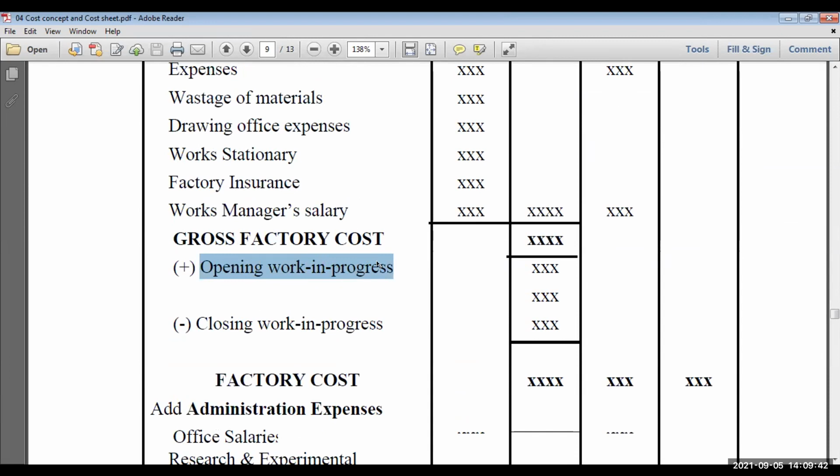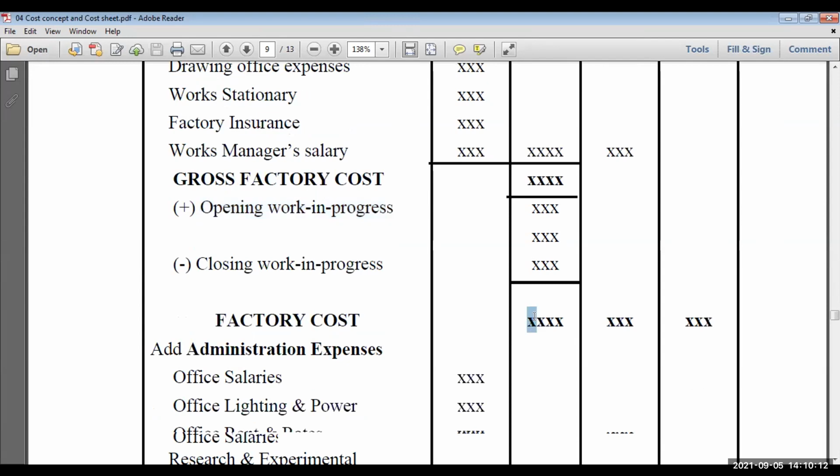Any material that has been taken from the store and not yet finished. The process is on, but it has not been converted into finished goods. While closing the last year, we might have some work in progress, opening stock that needs to be added, and this year's closing work in progress needs to be subtracted.